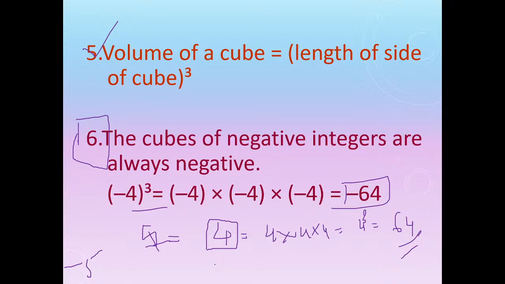If they ask you for the cube of minus 4 and you write 64, you will definitely get it wrong. That is one of the properties. If the number is negative, the cube will be negative. If it's positive, it will be positive. 4 cube is 64, and minus 4 cube becomes minus 64. It is always negative. It is a really important part.